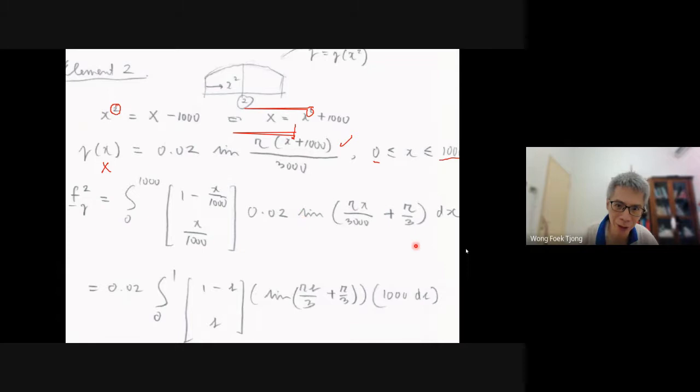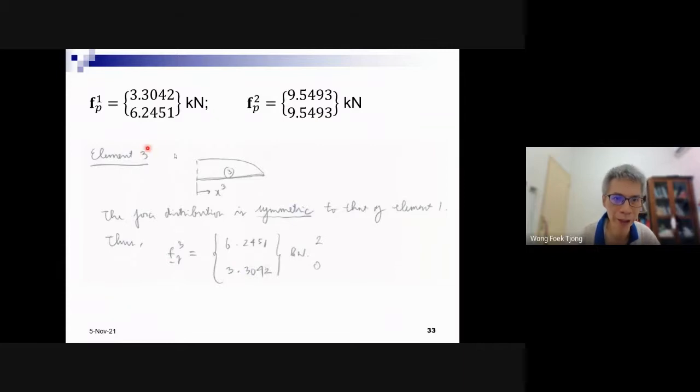Then we can convert into s like before, and then this is pi s, this is pi over 3, 1000 ds. Then we can take this out, and this is the result that I get. So this is the equivalent nodal force for element number 1.